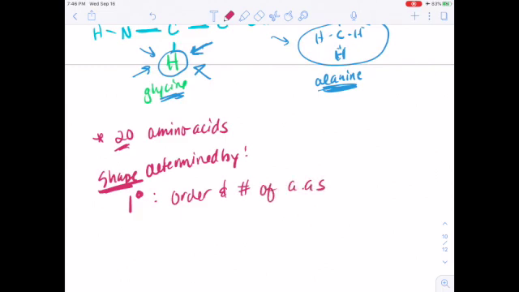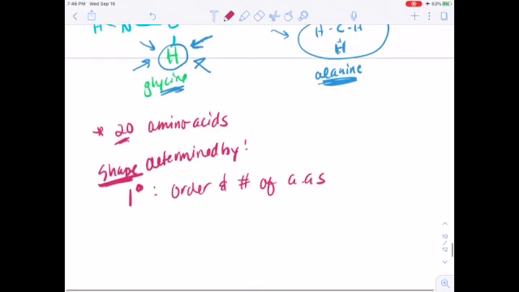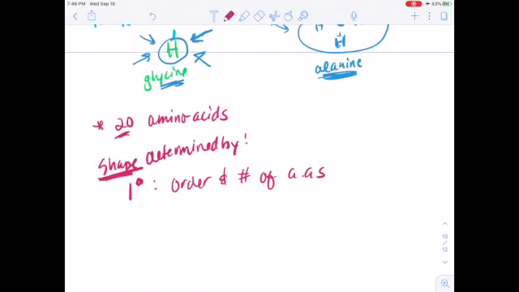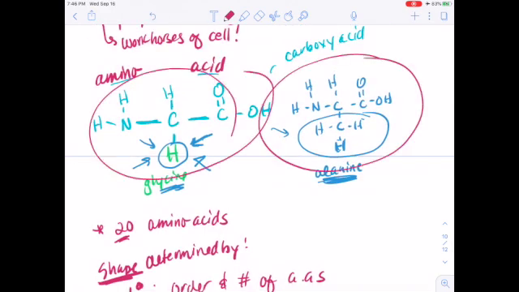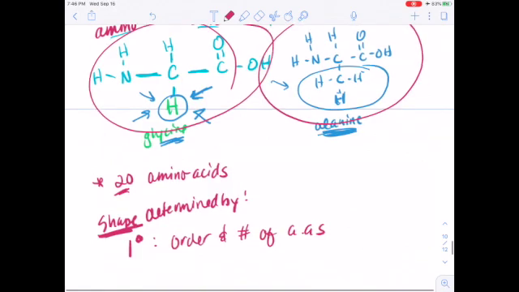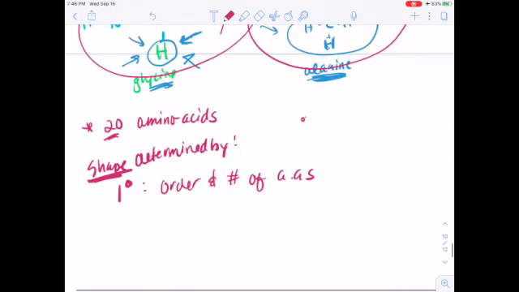I'm abbreviating amino acids with AA, right there. You could have, and I cannot draw 1,000 of these things and put them together, I'm going to draw them like little beads. So depending on the order and number of amino acids, maybe you'll get that little proline thing in there and it'll form a little bend in the chain.